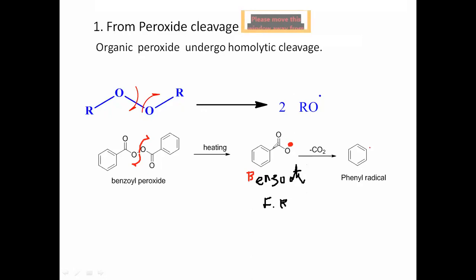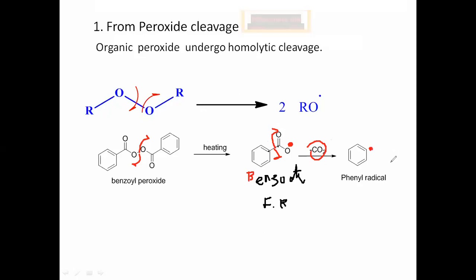This benzoate free radical, again, this bond between the phenyl carbon and this carbon undergoes homolysis, and this again forms another molecule, a leaving group carbon dioxide, and a phenyl radical.